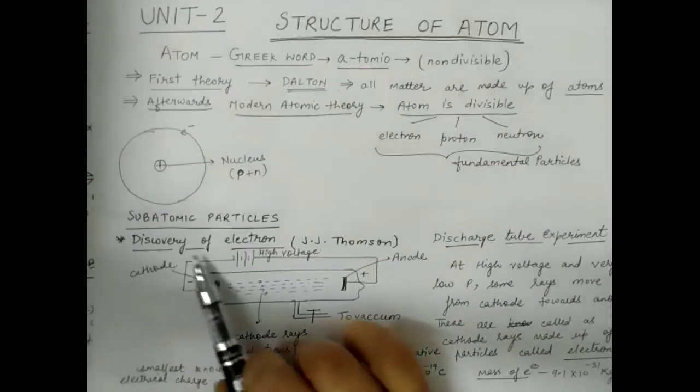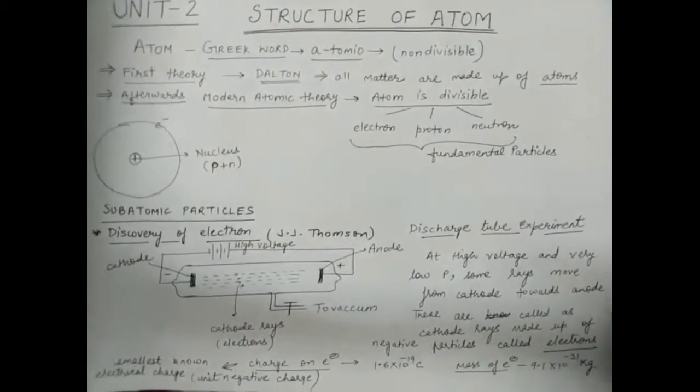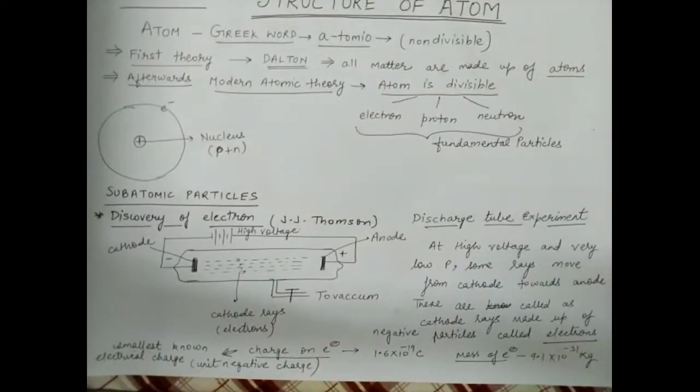Now first is the discovery of the electron. Electrons were discovered by Sir J.J. Thomson in the discharge tube experiment. Now this is the discharge tube. And what is a discharge tube? It is a hard glass tube. It is fitted with two metallic electrodes.